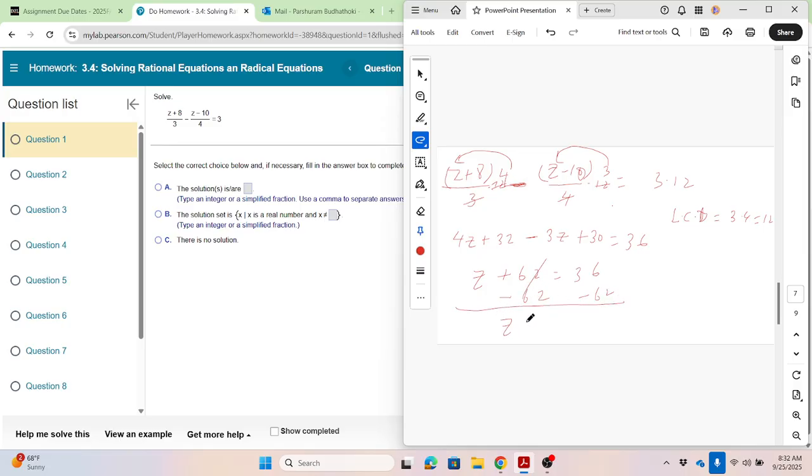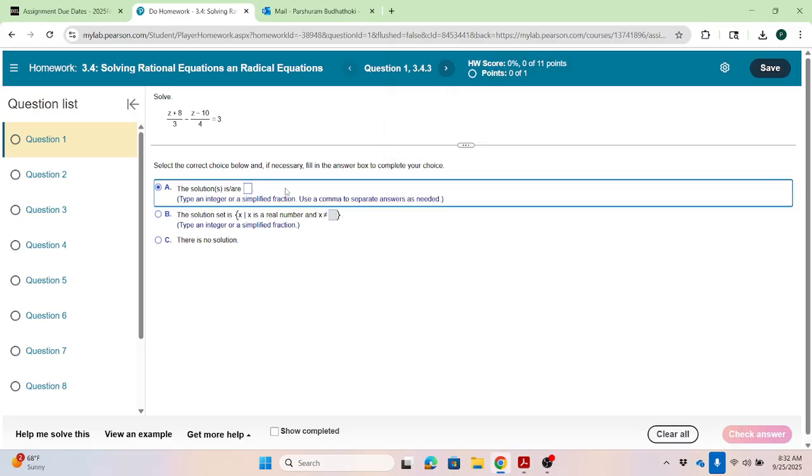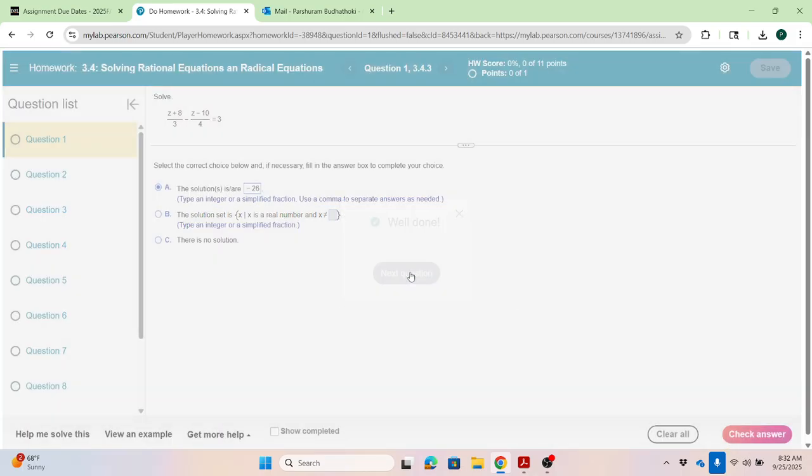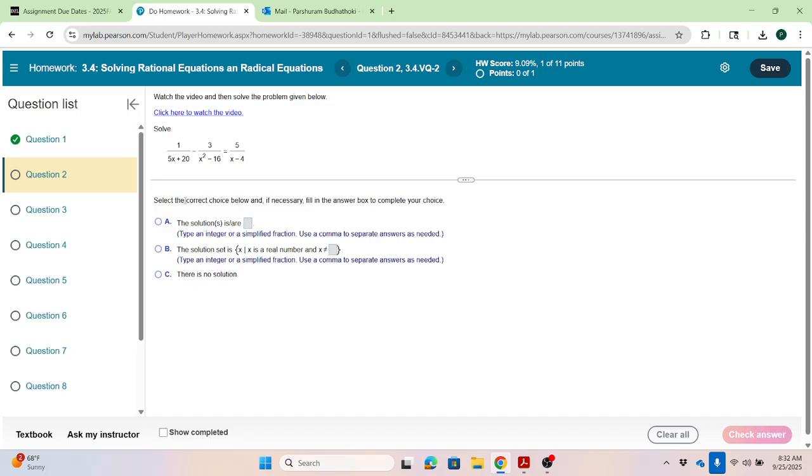So z equal to negative 26. Okay, so the answer is, select the correct choice below. The solution is negative 26. There is only one solution, and that's negative 26.